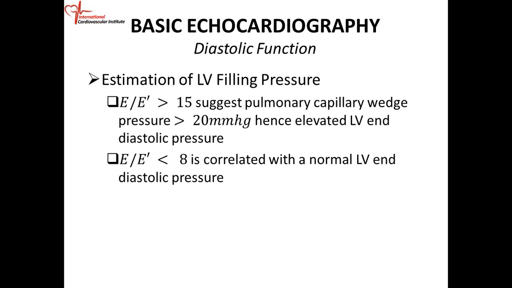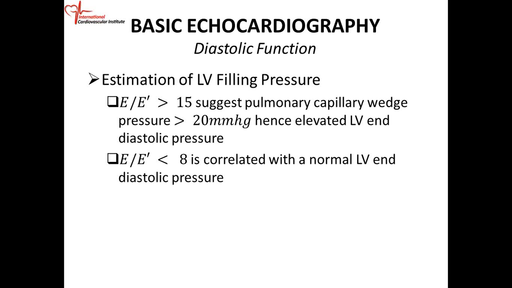Okay, so that means the heart is not functioning properly, because the first thing that's going to happen when the heart is not pumping well, the pressure in the left ventricle and hence the pressure in the left atrium is going to go up. So E to E prime will give you a good indication of the left ventricular filling pressures. And if it's more than 15, then it suggests it's elevated.